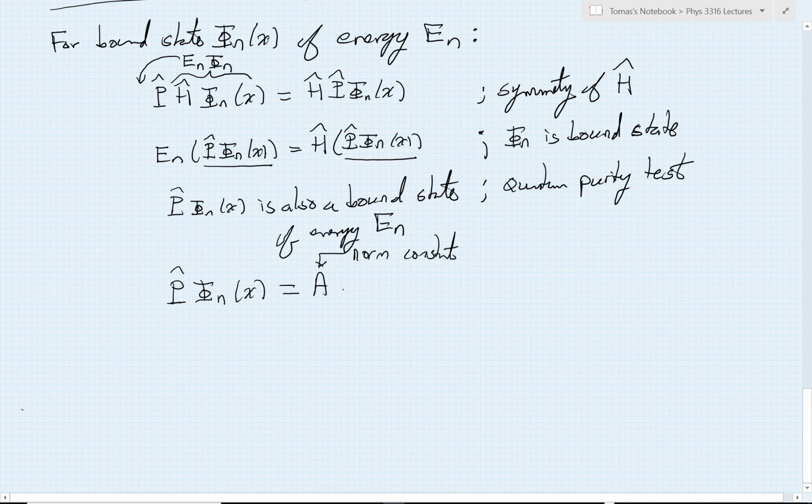And the name for that bound state of energy En is phi n. So this statement comes about from the non-degeneracy of bound states, specifically in D equals 1 dimension.